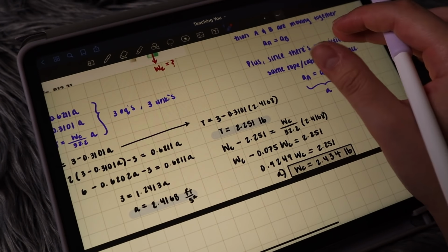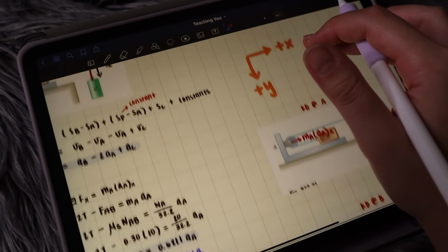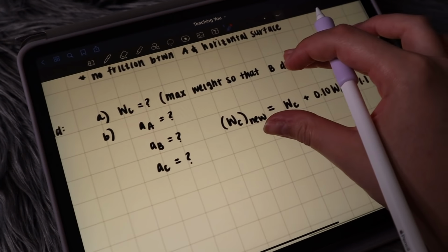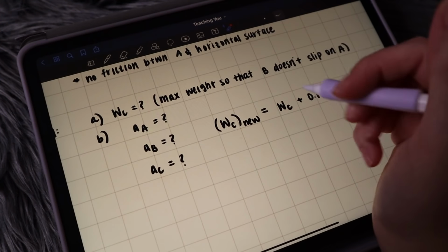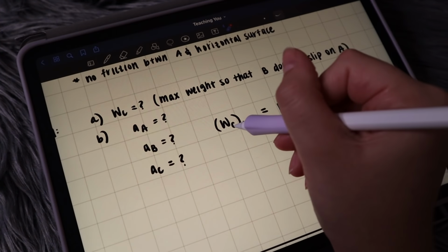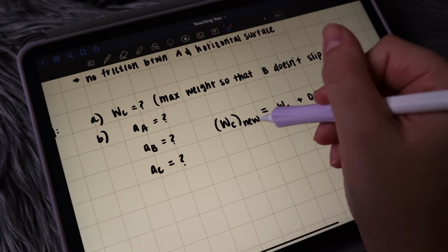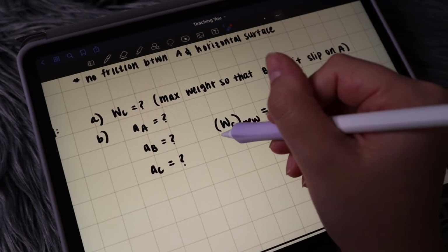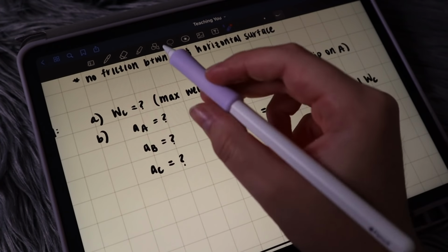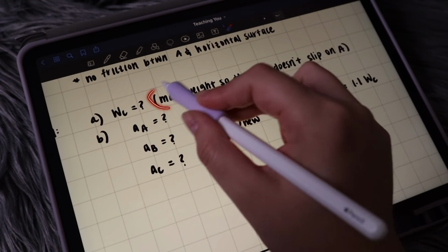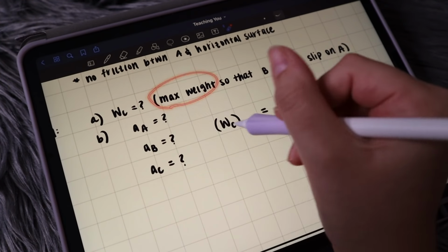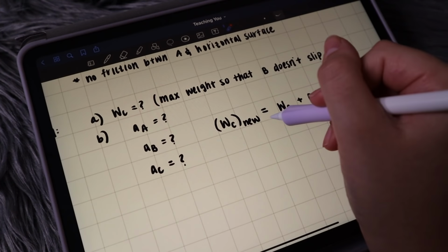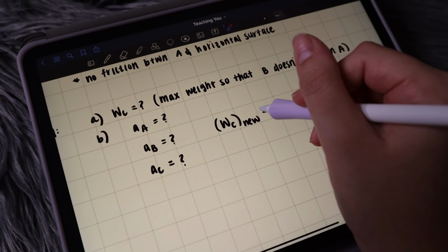So now for part B, let's go back and remind ourselves of what we need to do. So for part B, remember they're saying now what happens when we increase the weight. So part A was asking for the max weight. So obviously when you increase it, everything's going to change. The tension will change.